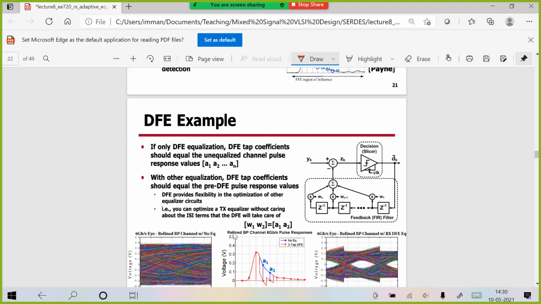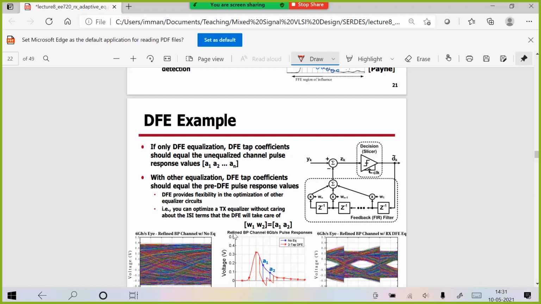If you don't use anything, you take only the channel response. But now you have the FFE, the TX driver, the channel, and the CTLE. All put together will come up with a certain pulse response which is better than your original channel pulse response, because both FFE and CTLE produce some high frequency peaking, which reduces the ISI.